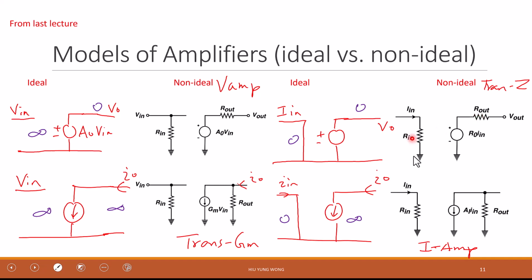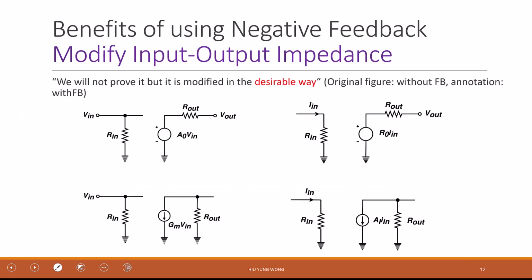Okay? So if I hook it up in feedback, what will happen? You see that I just have one slide covering maybe 10 pages in the textbook, and we save a lot of time. Because with feedback, so far I think the only drawbacks are you have lower gain, maybe larger layout area, more power consumption.